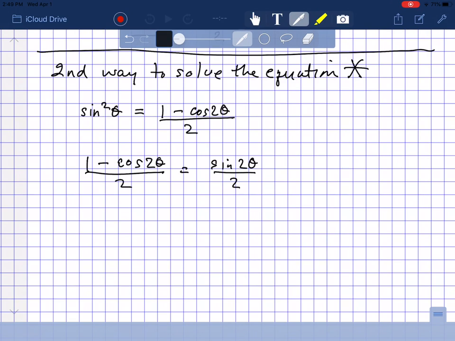Right? So there's our equation, and I can rewrite this as 1 is equal to the sine of 2 theta plus the cosine of 2 theta. Okay? And now let's do something else.